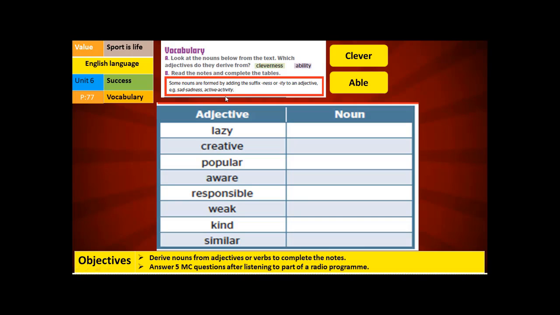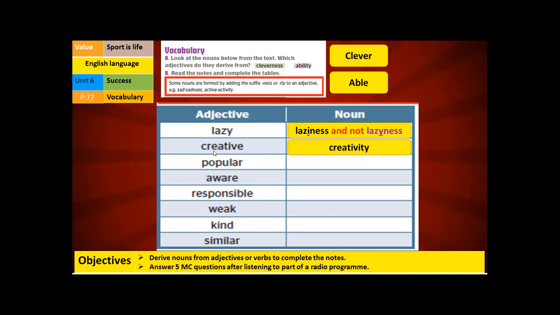Example, sad and sadness, or active and activity. So what may be the noun derived from the adjective lazy? Laziness, but note it's with an I and not Y.